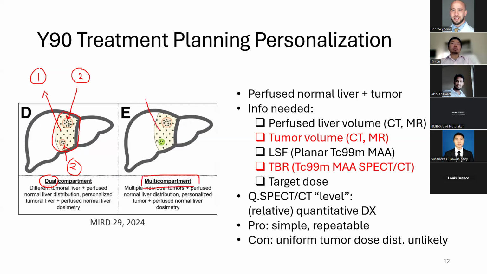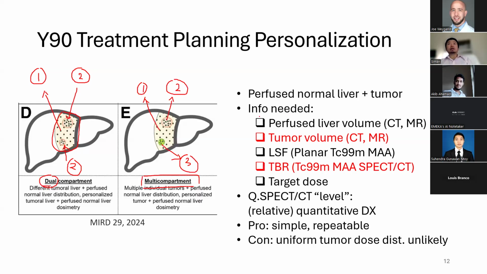So again, this is volume one, uniform distribution, and then you have tumor one and tumor two with different activity distribution, like volume two and volume three. This is called a multi-compartmental model.